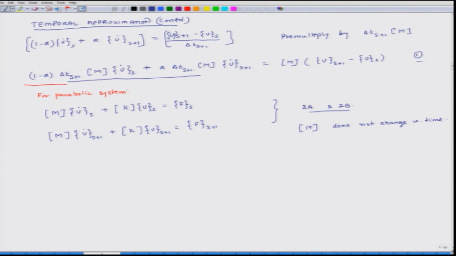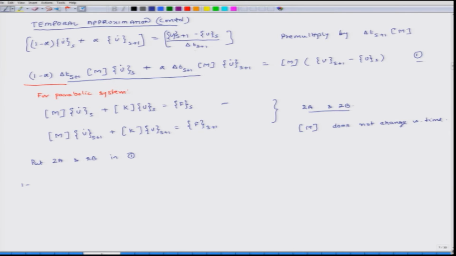In equation 1 we have M times u dot at s and M times u dot at s plus 1. So we replace M u dot at time step s by F s minus K u s from here, and we replace M times u dot at s plus 1 by F minus K u at time step s plus 1.